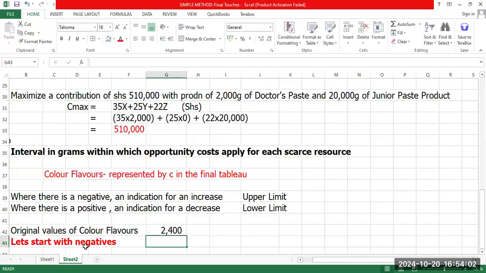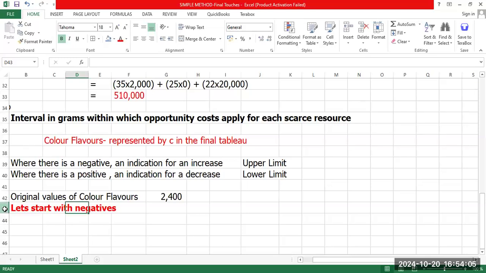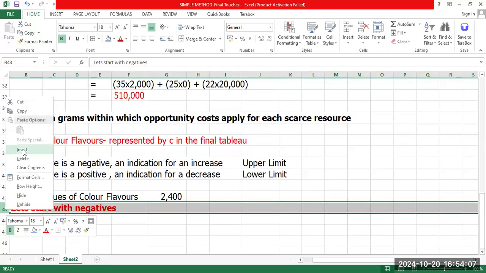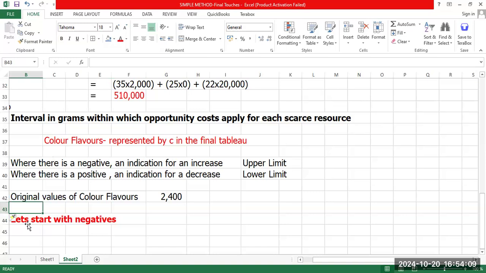2,400. So what we need is the new value. What is the new value?